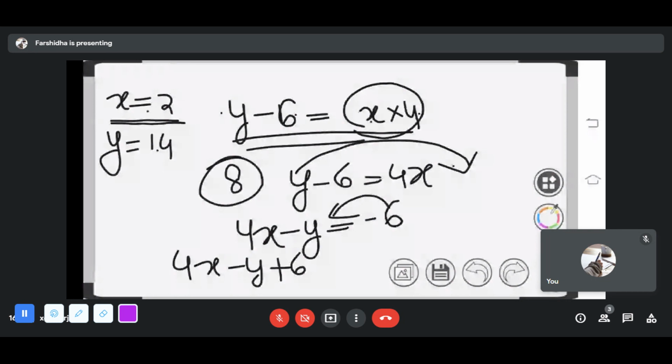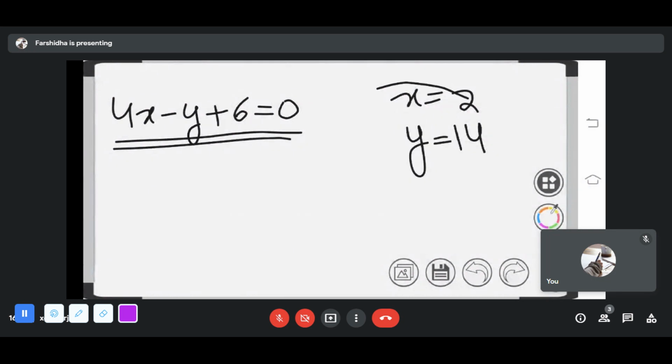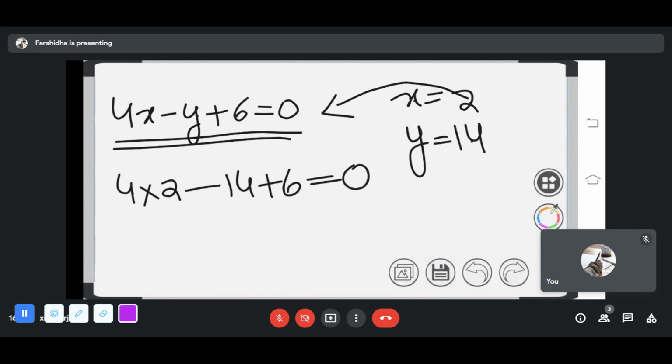You can form any other equation of it. Let's check this one. 4x minus y plus 6 is equal to 0. This is the equation which I formed. I'm just putting these values in this equation to check the condition. So 4 into x is 2, minus y is 14, plus 6. We need to check whether this is equal to 0 or not. 4 into 2, 8, minus 14 plus 6.